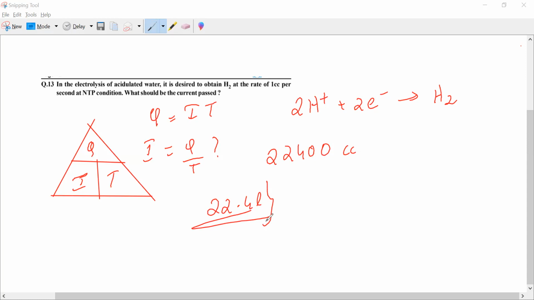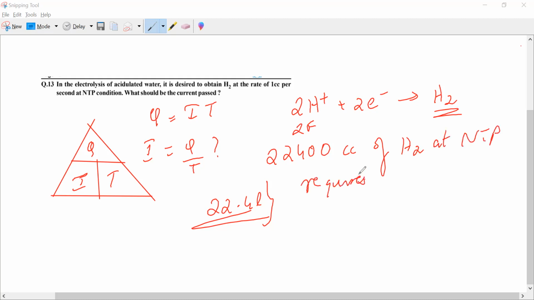So this is nothing but 22,400 cc. Now, if I want to take the 2H+, because I want to have hydrogen, it requires 2 Faraday, 2F. So 2F is for this much amount, 22,400 cubic volume of hydrogen at NTP.